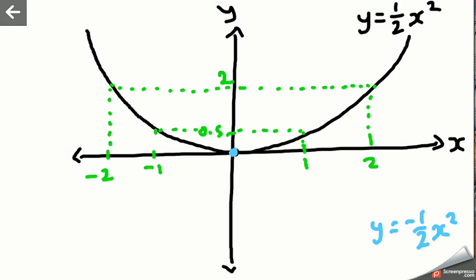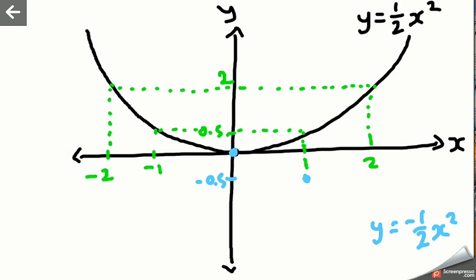How about when x is equal to 1? Well, y is going to be negative 1/2 times 1 squared, so still negative 1/2, or negative 0.5 if you like. So when x equals 1, y equals negative 0.5, and we go through this point here.